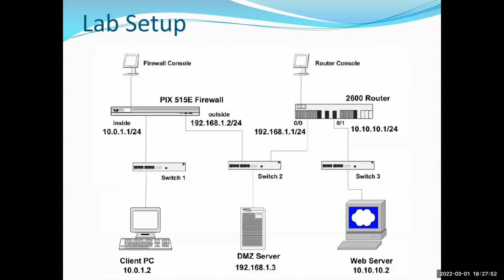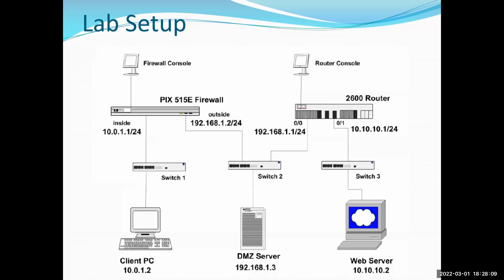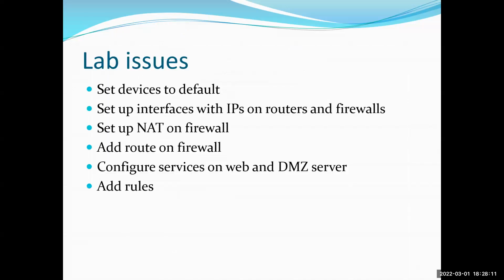I usually follow this standard design when I talk about what motivates the lab. As far as the project at this point in the semester, you should set up the devices: set up interfaces and IPs on routers and firewalls, and set up some kind of network address translation. That's something I want you to experience.